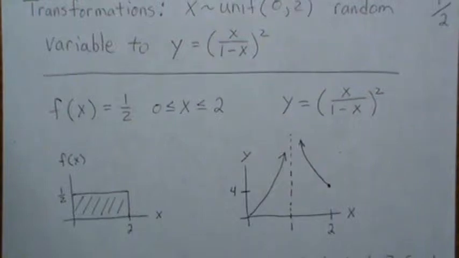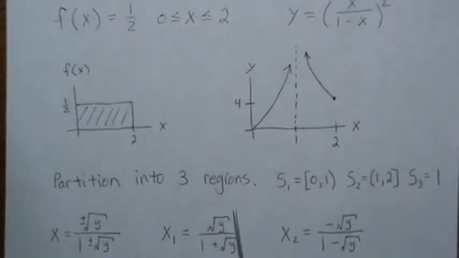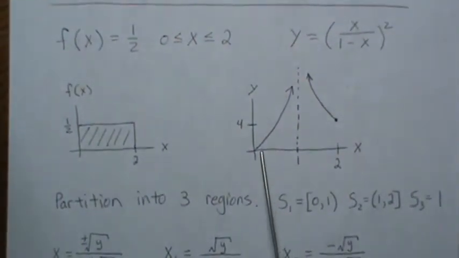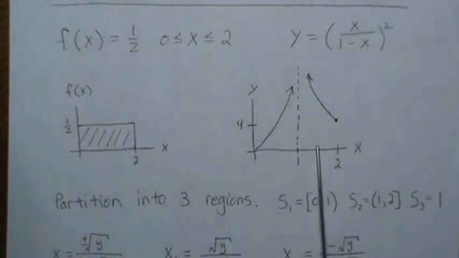When you go to find the density of y, you have to sum over each of these regions, but you only use the regions that y is in. Okay, so here we're going to partition into 3 regions: from 0 to less than 1, 1 to 2, and then 1.